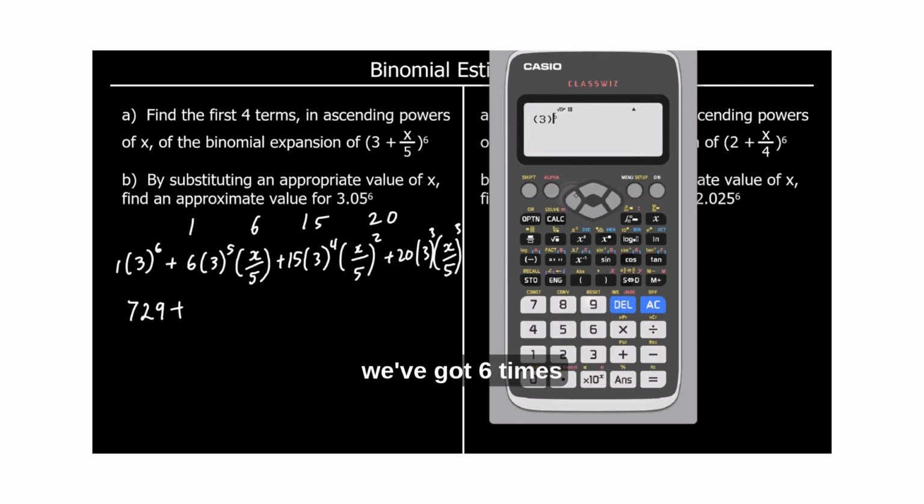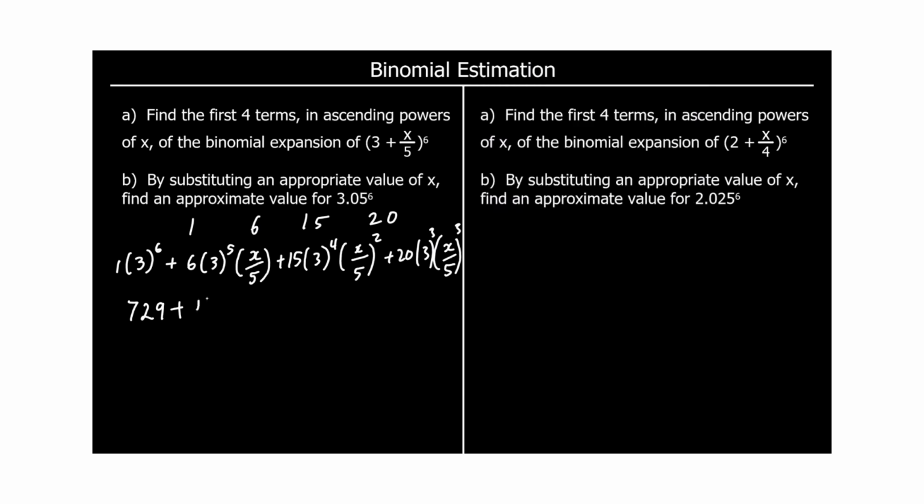Then we've got 6 times 3 to the power of 5 times 1 over 5, sorry, 1 over 5 x to the power of 1. So that's 1,458 over 5 x.